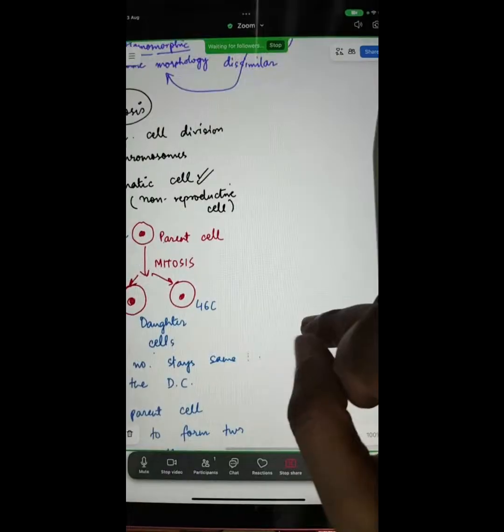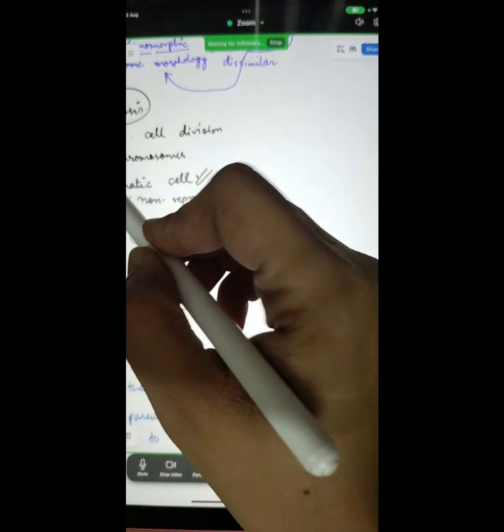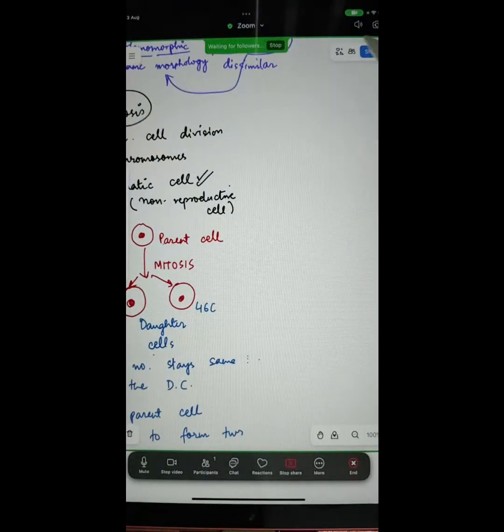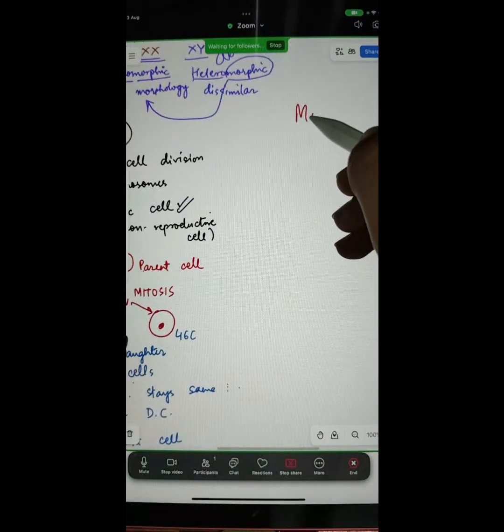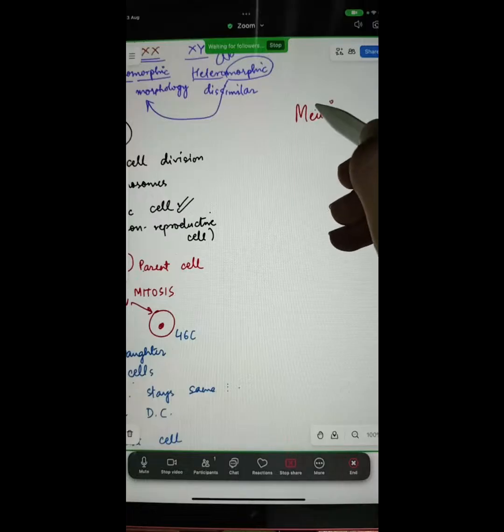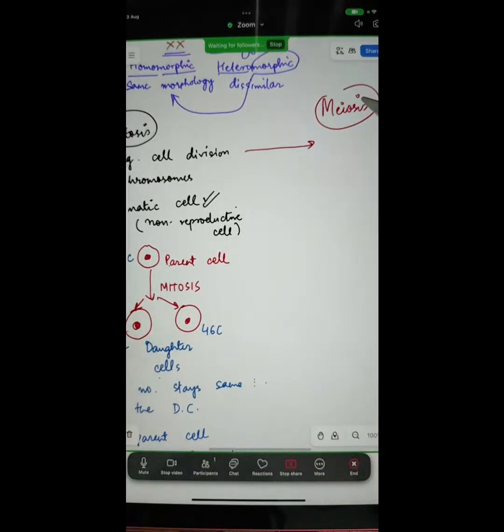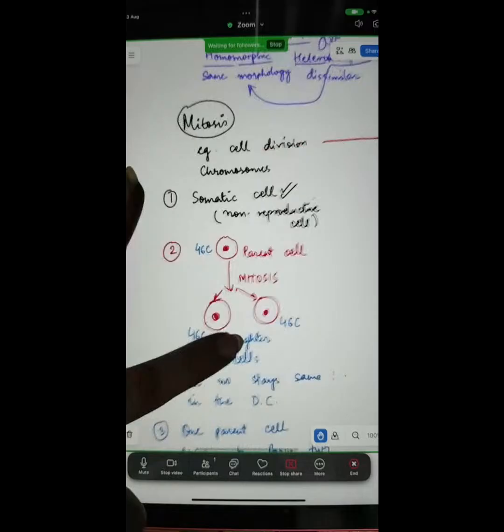Now, let's start simultaneously for meiosis. So here I am writing meiosis for you. So meiosis is also an example of cell division. So in case a question comes on differentiation, please do not write the similarity. This is just a point for your understanding that meiosis is a type of cell division.